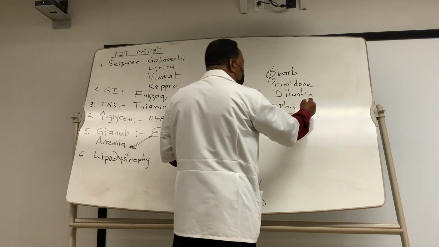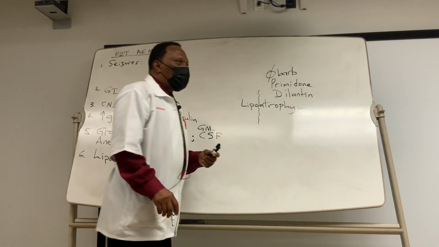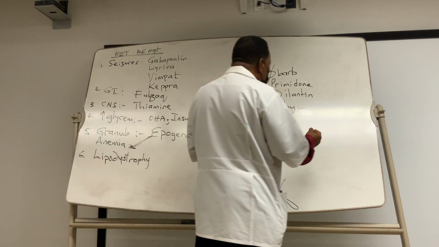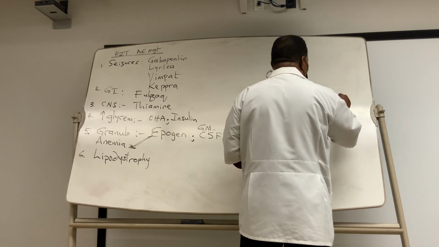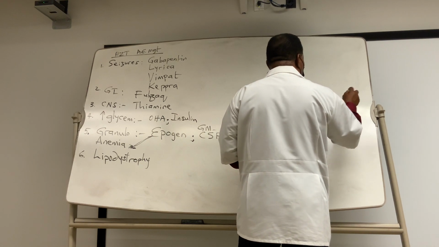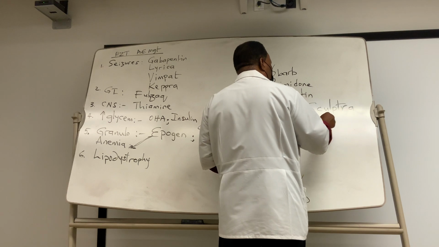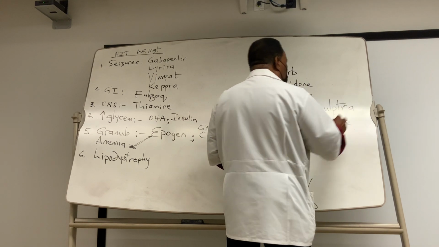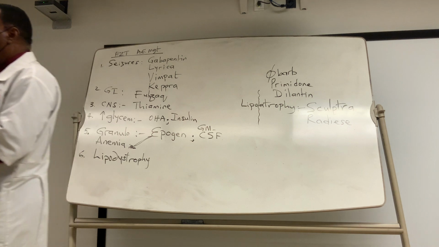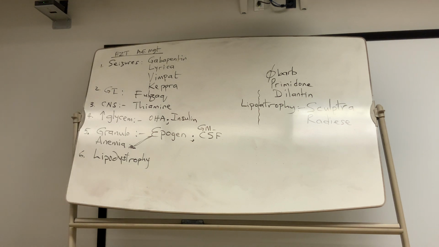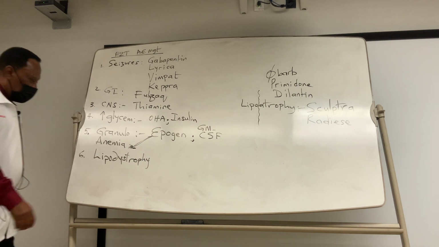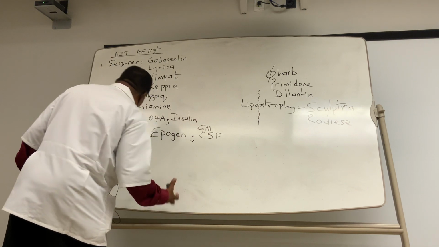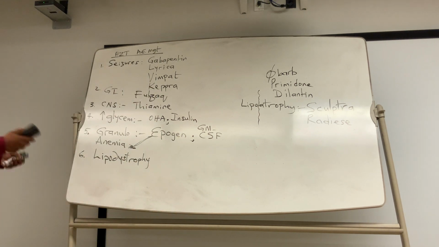So for that possible lipoatrophy, there's a drug called Sculptra that one can use. There's one called Radiesse that can also help with that lipoatrophy, which is a type of lipodystrophy. So those are some of the specific agents.